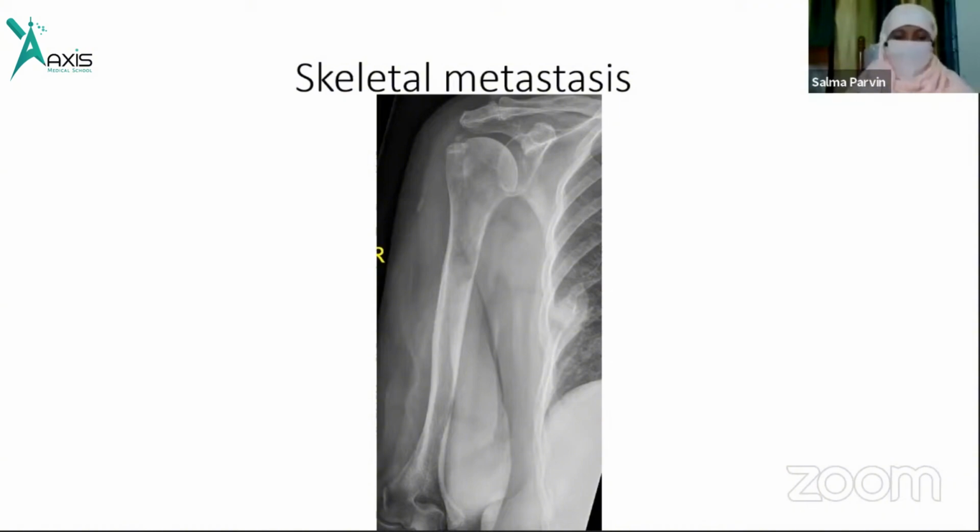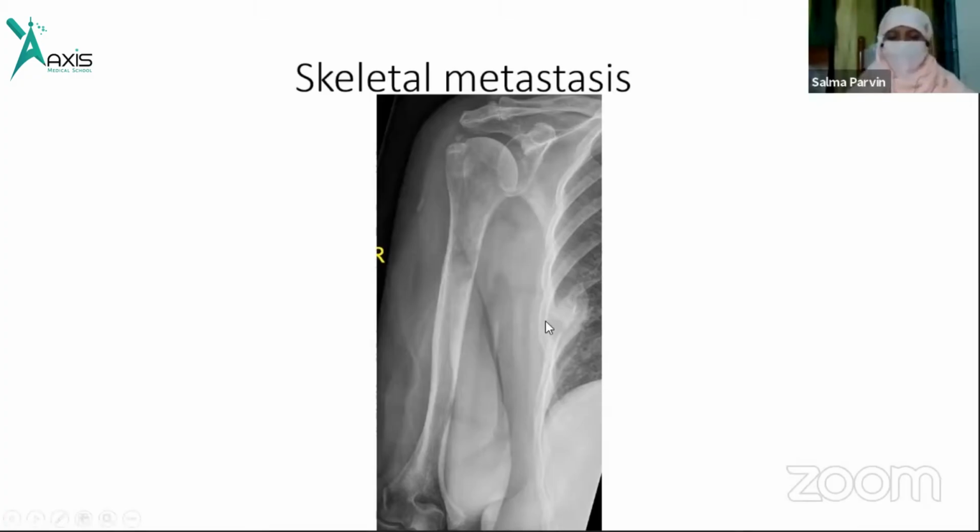You see that there is a blastic lesion seen in the rib near its angle. And you know, the angles of the ribs are the most common site to be implanted by the neoplastic lesion.